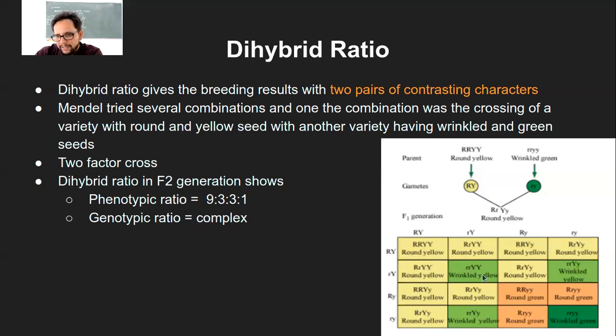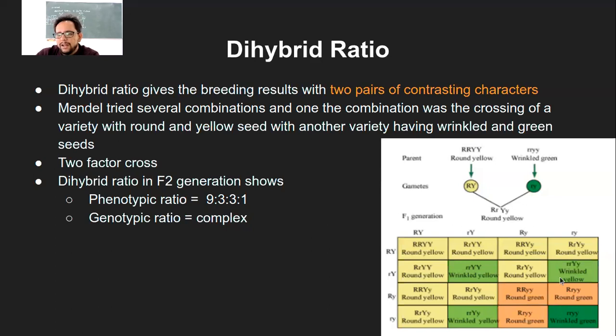Then the next 3 are round and green, that is capital R. Again, this can be homozygous for round seed shape or heterozygous for seed shape. But both of these will still show round shape of the seed, and that is round and green. Again, green is recessive, so they will all have small y, which is homozygous recessive.